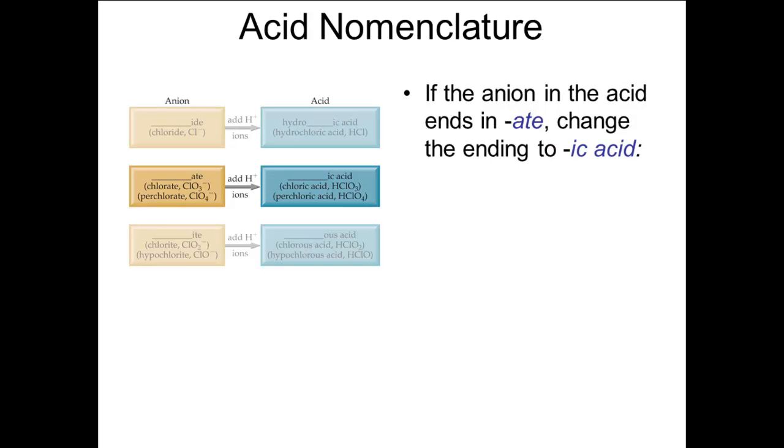If the anion has the ending ATE, the ending is changed to IC. Any prefix that the anion had is retained. For example, HClO3 is chloric acid, and HClO4 is perchloric acid.